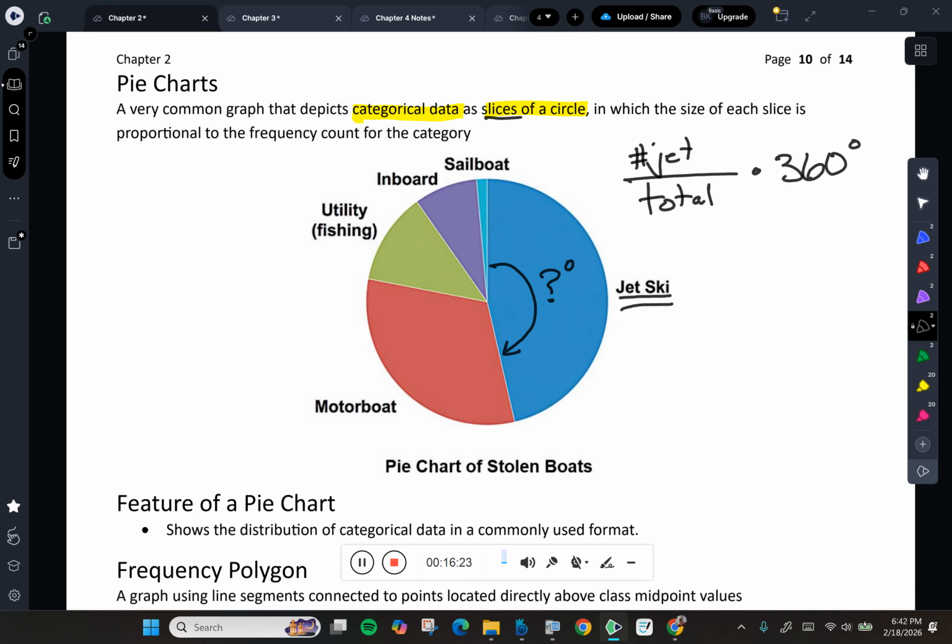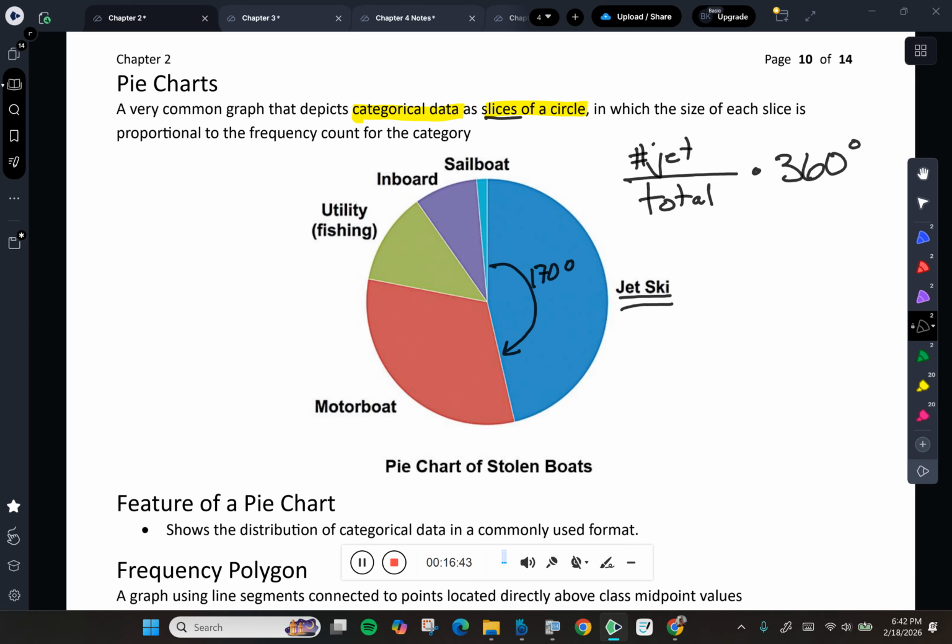Now, 360 degrees is all the way around a circle. So if the number of jet skis divided by the total was half, I get 180 degrees. Now, this sector here that's blue looks like it's a little bit shy of half. I would guess, if I had to, I would say it's about 170 degrees.